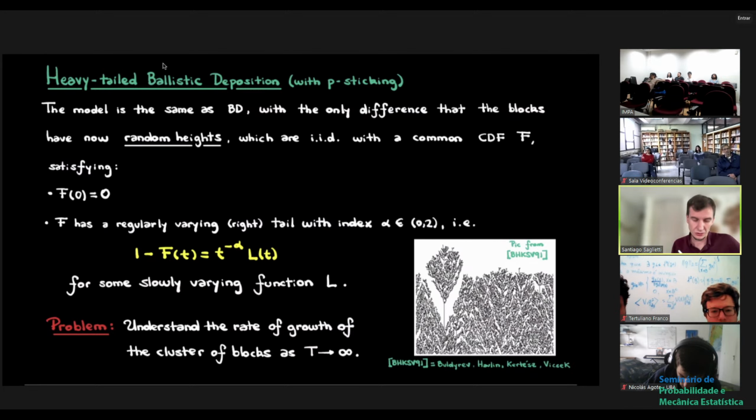The distribution function F is going to have a right tail which is regularly varying, with some index alpha between 0 and 2. So that means that the tail of the distribution is going to behave like t to the minus alpha, for some alpha between 0 and 2, times some correction L(t), which is going to be a slowly varying function.